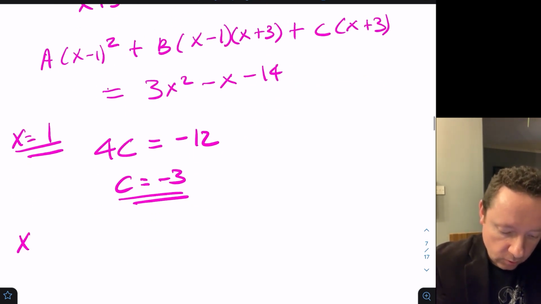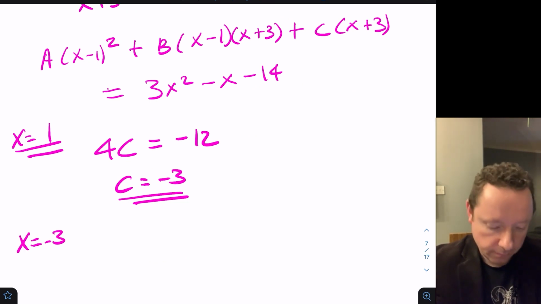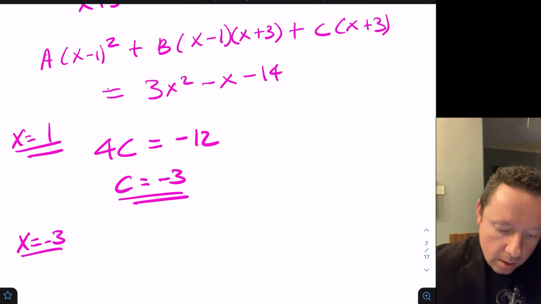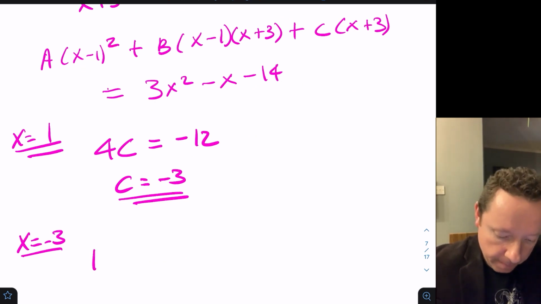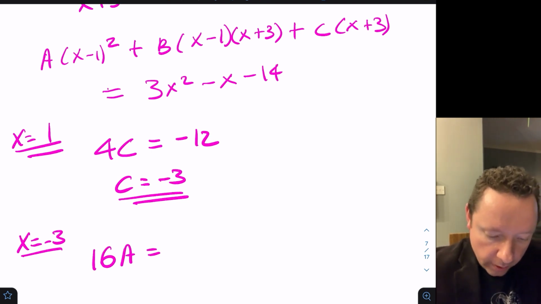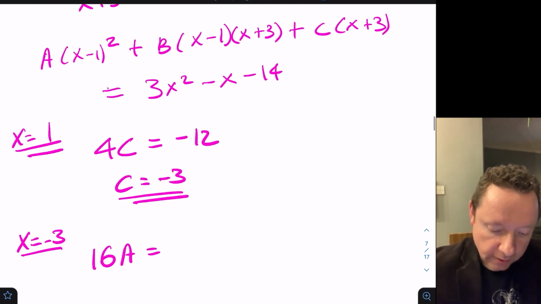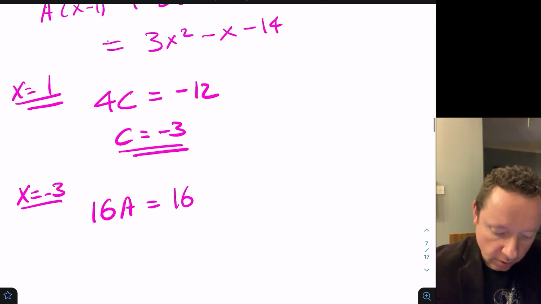So when x equals minus 3, we get minus 3 take away 1 is minus 4 squared, which is 16A. And on the right, we get 3 3s are 9 times 3 is 27, plus another 3 is 30, minus 14 is 16, which gives us A equals 1.